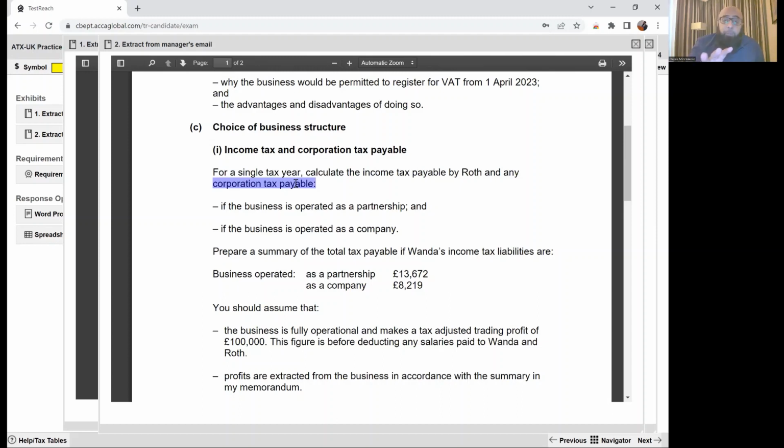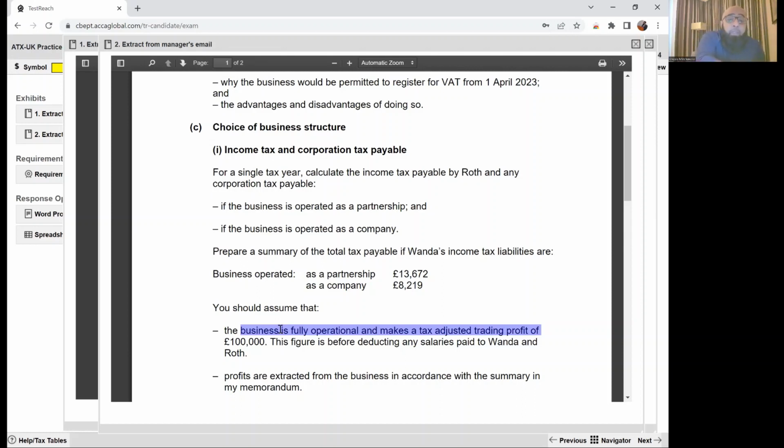So basically what we have to do is calculate the tax payable by ROT and the corporation tax payable. For vendor, he has given us the tax. So we have to make a summary of what the total tax situation is if we go for partnership and what it is if we go for company. You should assume that the business is fully operational and makes a tax-adjusted trading profit of £100,000.